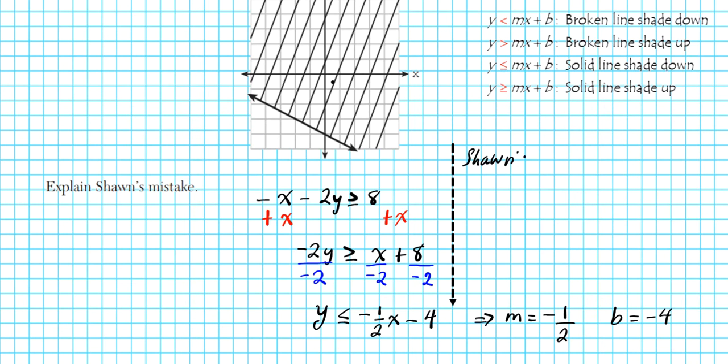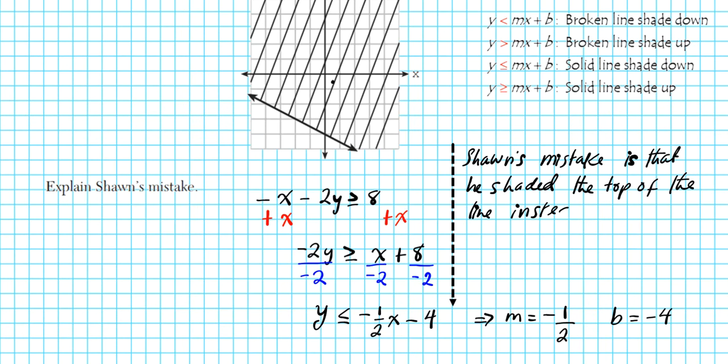Sean's mistake is that he shaded the top of the line instead of the bottom. Okay?